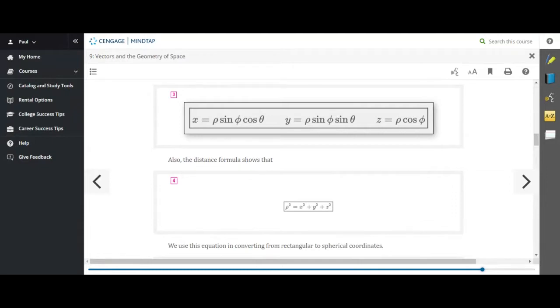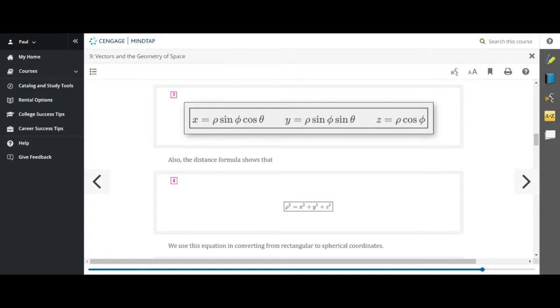So x is rho sine phi cosine theta, y is rho sine phi sine theta, and z equals rho cosine phi. Those are the conversion formulas that take you from spherical coordinates to rectangular coordinates.